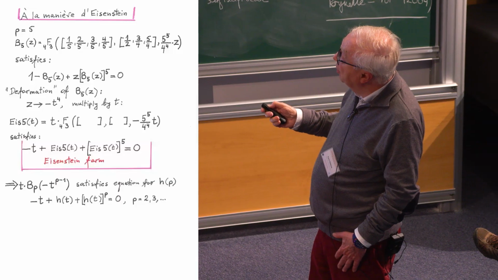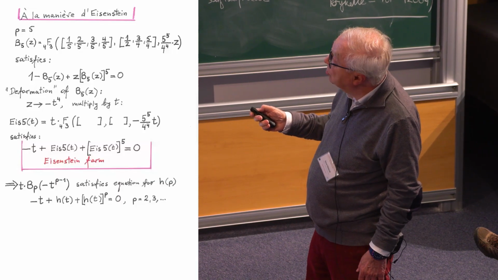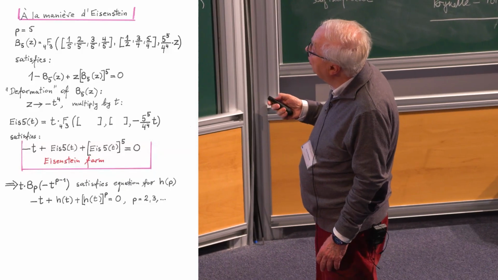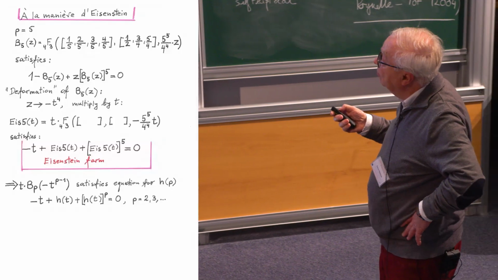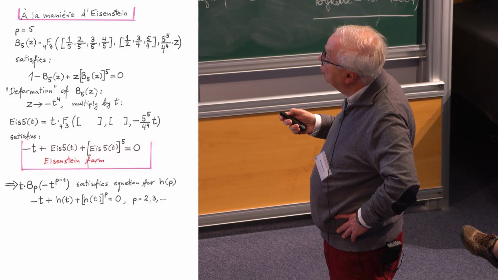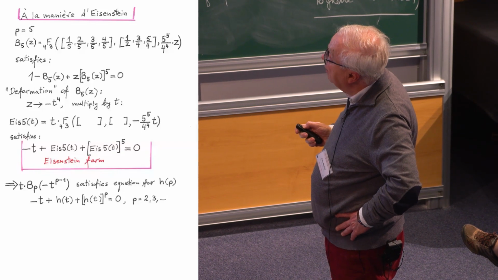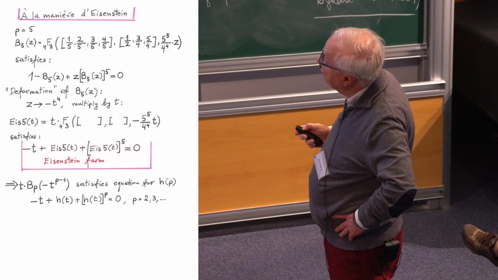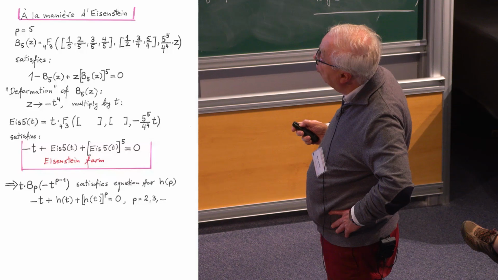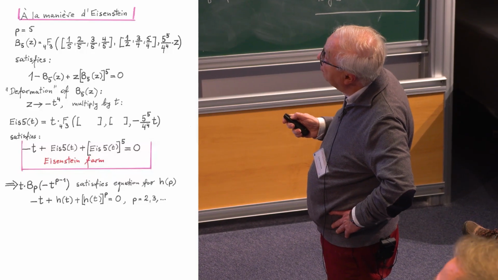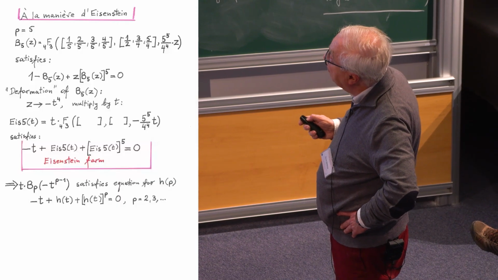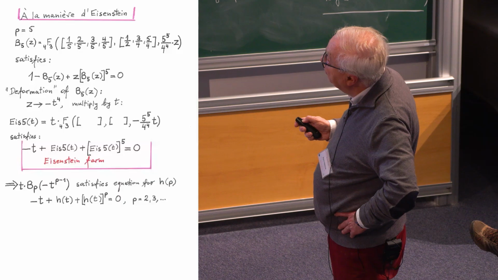So this is a thing that we have seen on previous transparencies. And the next step is to slightly deform this function b5. And I do it in a specific way. Namely, the variable z I replace by the variable minus t to the 4. And you see 4 is just 5 minus 1. And then I multiply the whole thing by this new variable t.